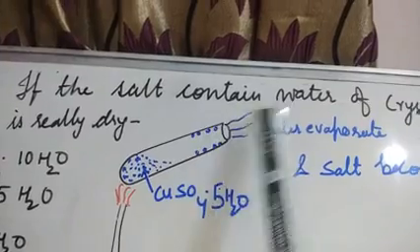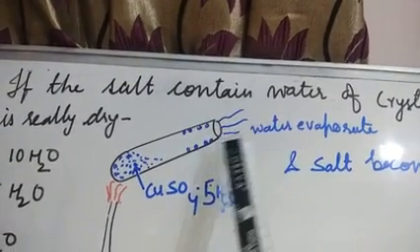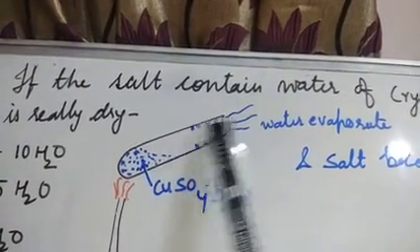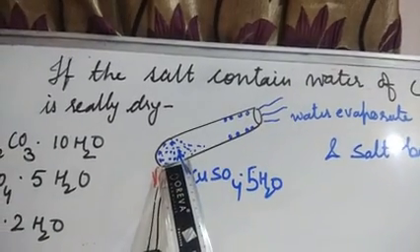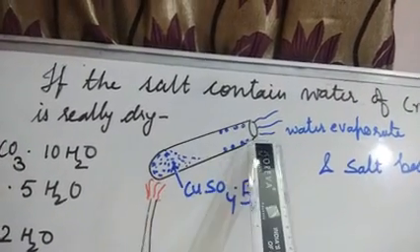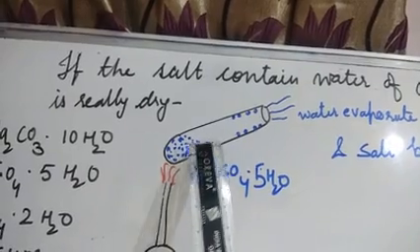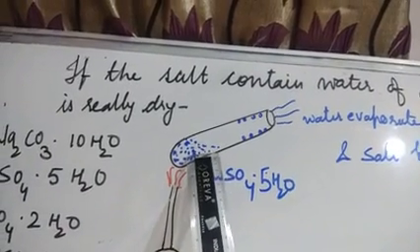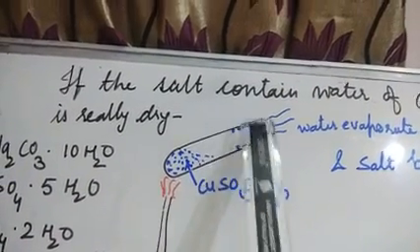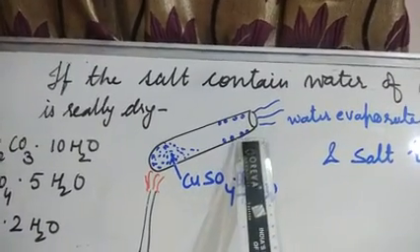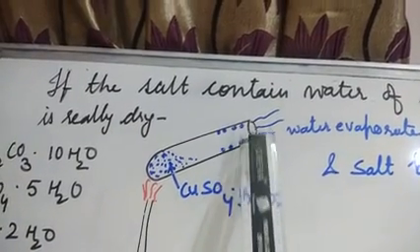And some vapors are also seen during this process. Here we have not taken any water. Then from where is this water coming? That means some water is present in the salt. And that's why you are able to see some droplets of water near the mouth of the test tube.